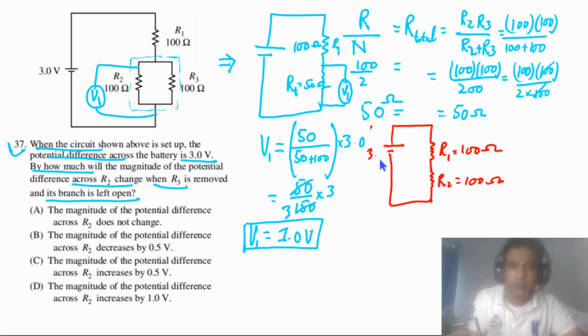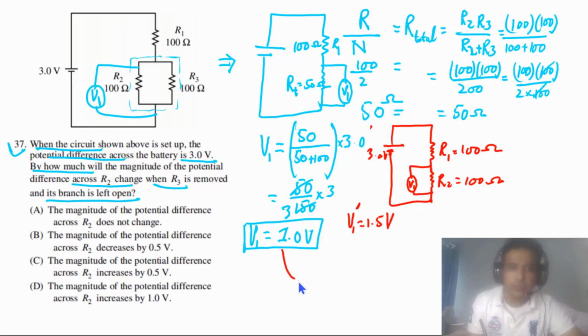This is 3.0 volts. As the two resistors have the same resistance and are connected in series, the PD across this one, we can say this is V1 prime, has to be equal to 1.5 volts. This has to be equal to 1.5 volts.